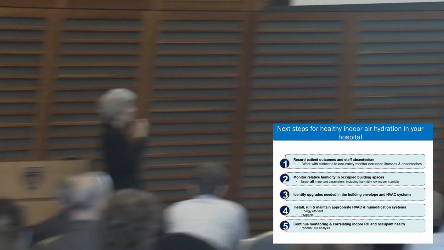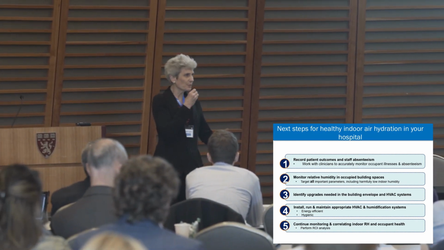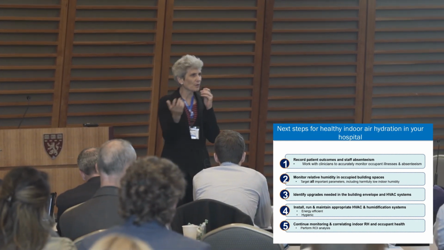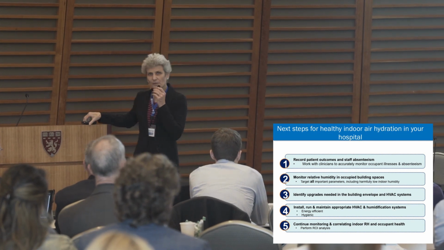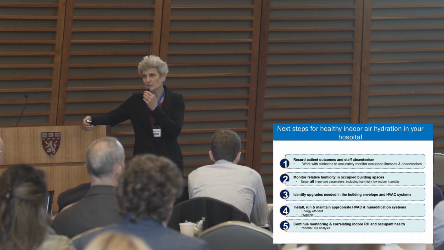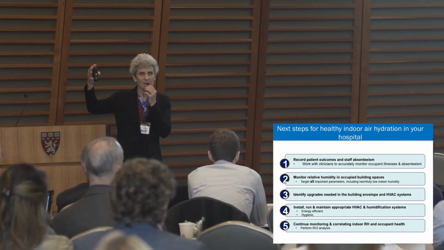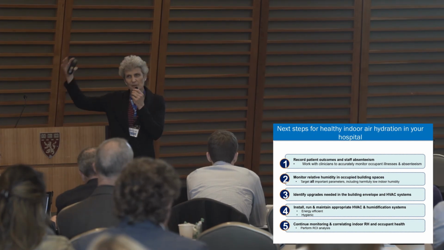Then choose your systems wisely, and then monitor the outcome. So if you humidify your bedroom, do you have fewer colds? Do your kids have fewer missed days at school? Are you saving money on patient infections? You get the idea, right? Measure, implement a change if you want to, and then measure the outcome.